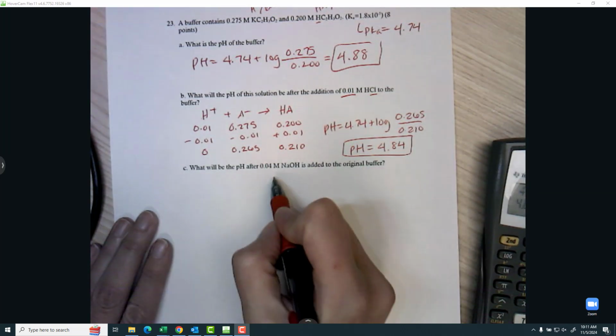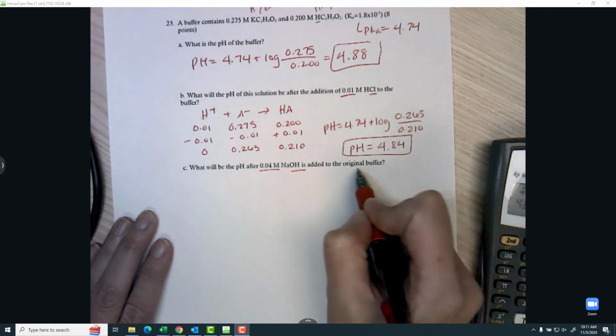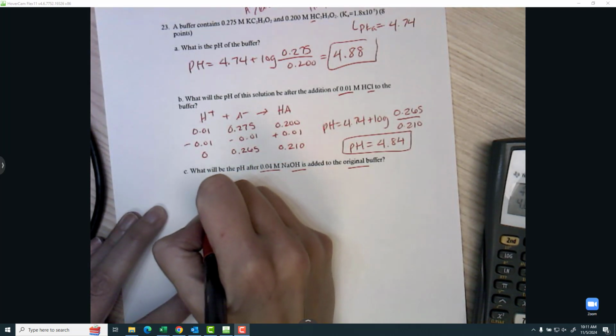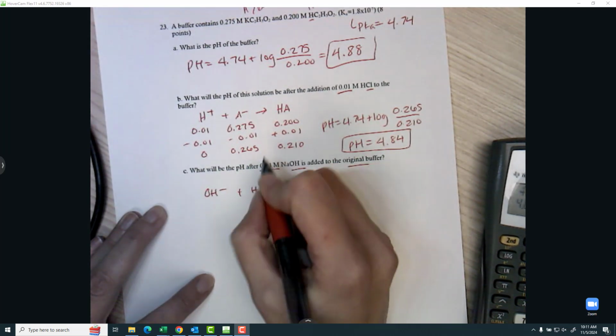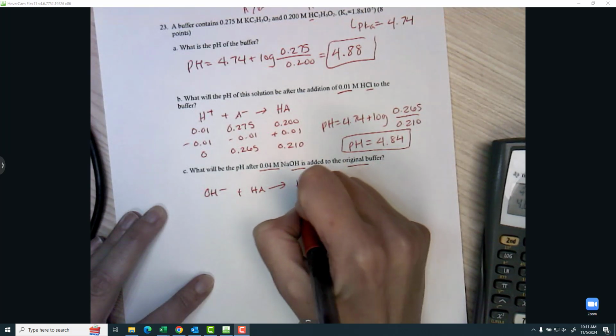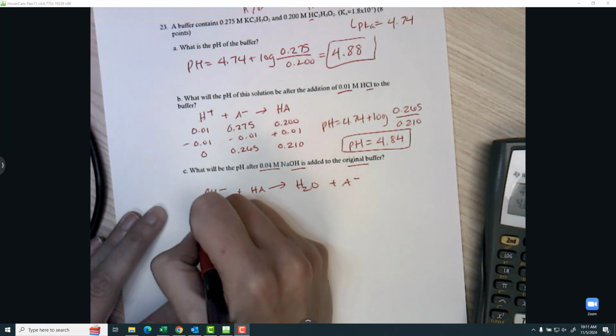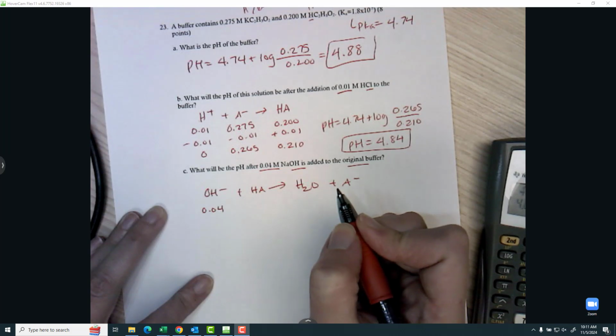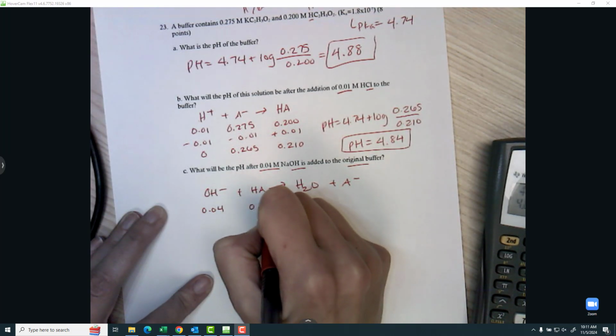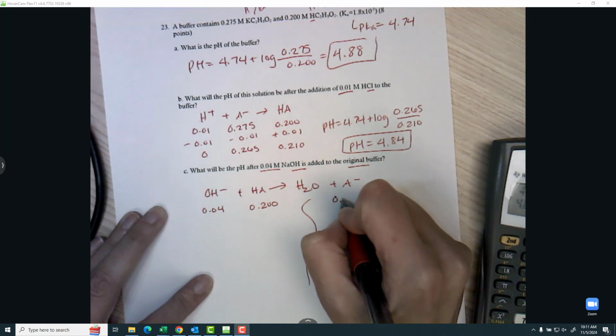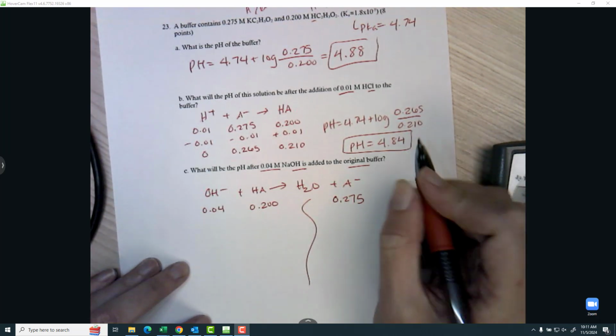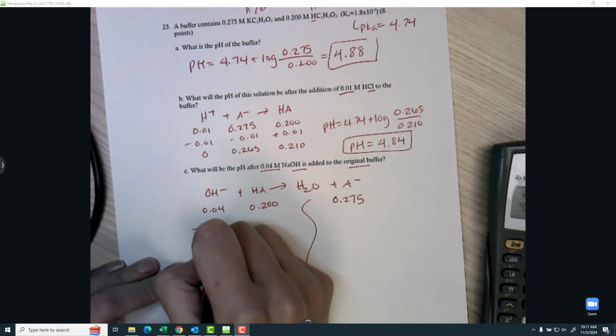And then finally, I will have sodium hydroxide added to the original buffer, so that will react with the whole acid to make water and anion. I'm going back to the original 0.2 and 0.275 for the concentrations. Again, I don't care about the concentration of water.